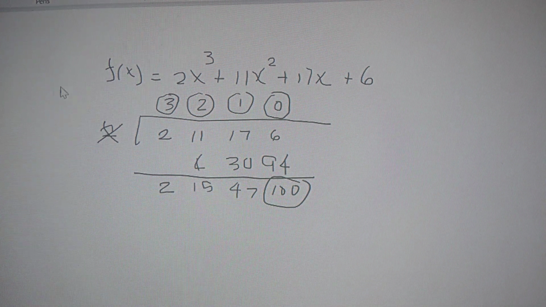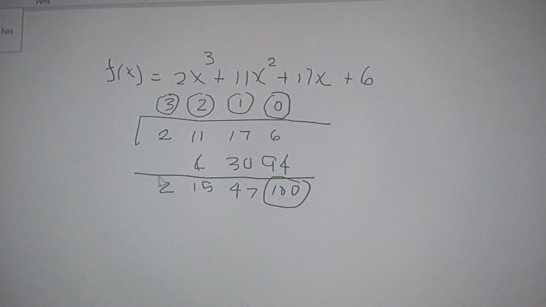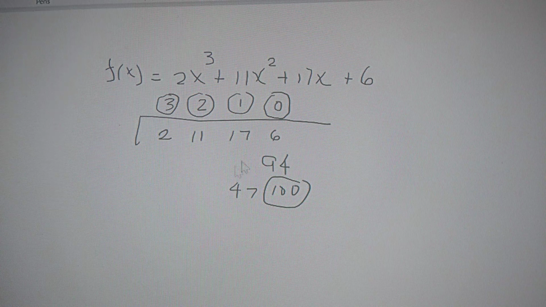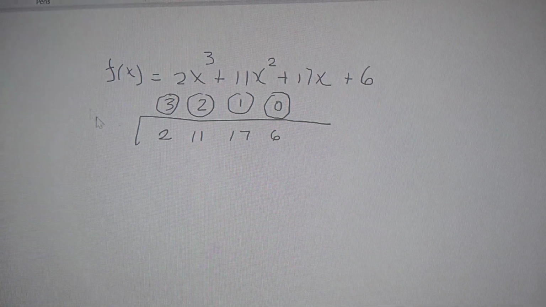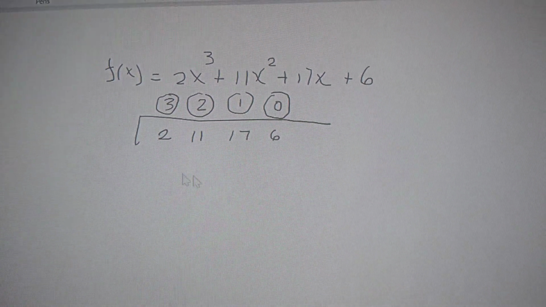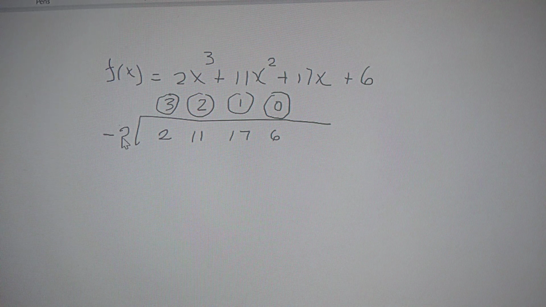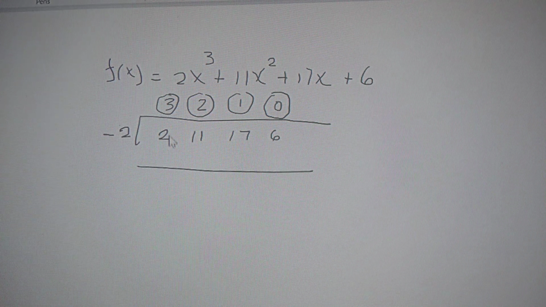Let's try now minus 2. Bring down the 2. 2 times minus 2 is minus 4.